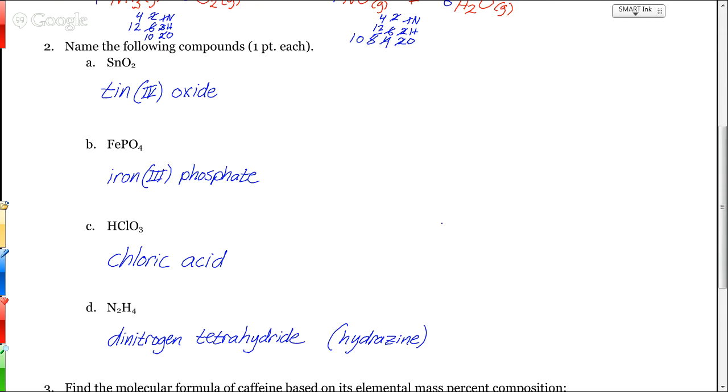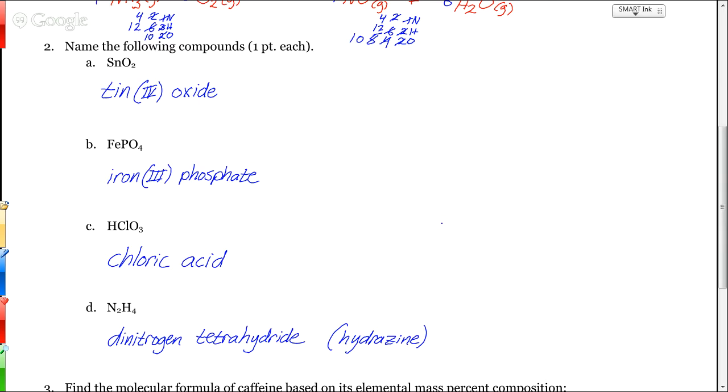I don't know of a tin peroxide compound. I can tell you that I know that tin only tends to take +2 and +4 charges, but you wouldn't necessarily know that. So I guess I don't have a good way of answering that. So if you called this tin 1 peroxide, I guess I would count it right.